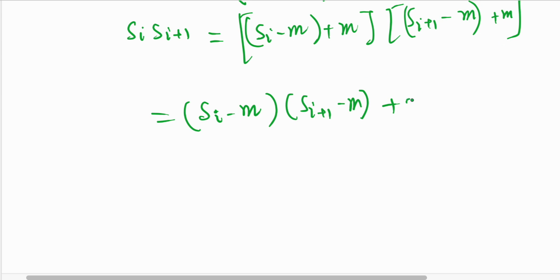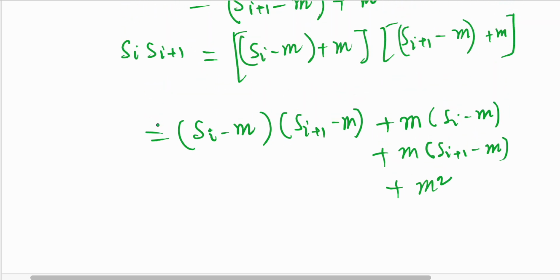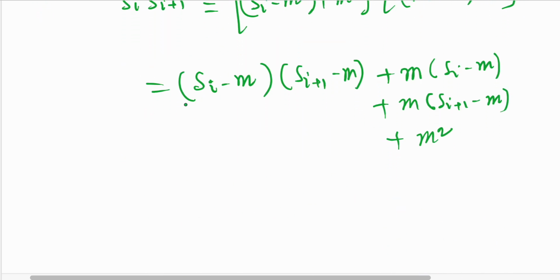This multiplied with this: M(Si minus M), this M(Si plus 1 minus M) plus M square. Now since this is the fluctuation, Si minus M, the fluctuation in Si and the fluctuation in Si plus 1, the product is in the order of the fluctuation square.